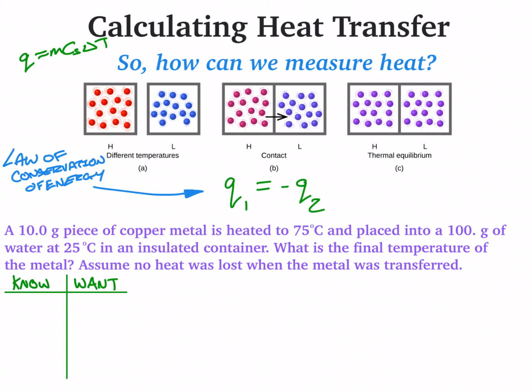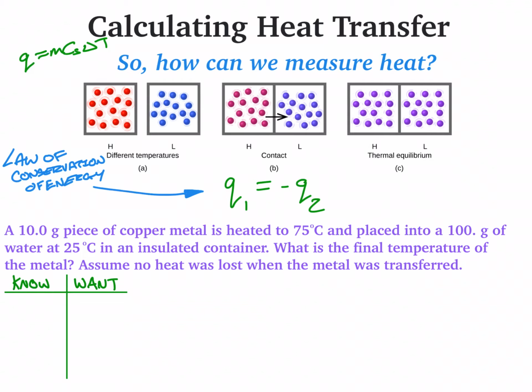But they always reach the same final temperature because that's what thermal equilibrium is. So even though this is going to observe the law of conservation of energy, the amount of heat absorbed will equal the amount of heat that is released, the objects themselves can have different delta T's. They can have different temperature changes because the heat is also dependent upon the mass and the specific heat involved.